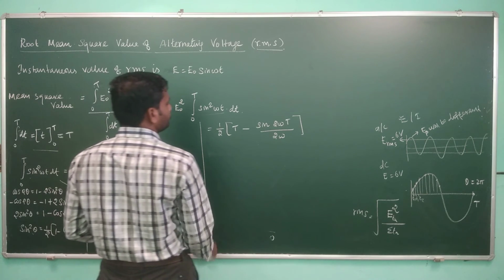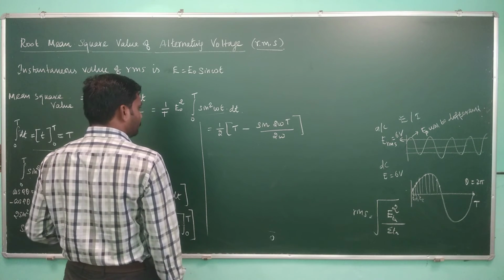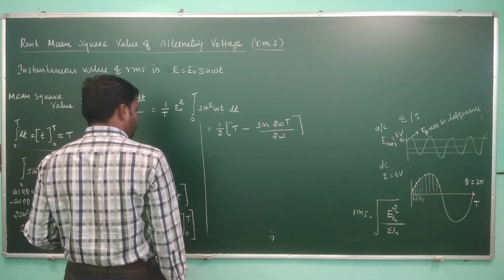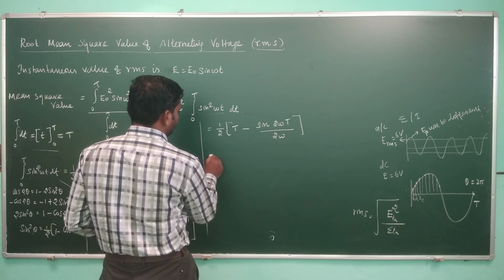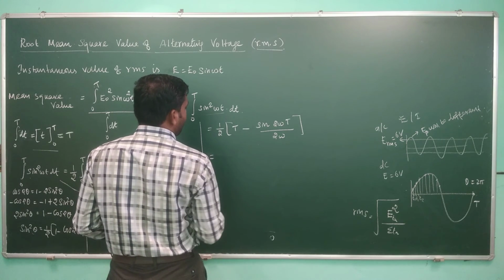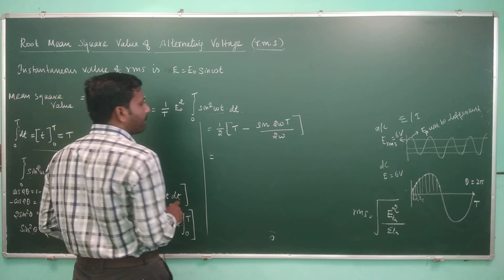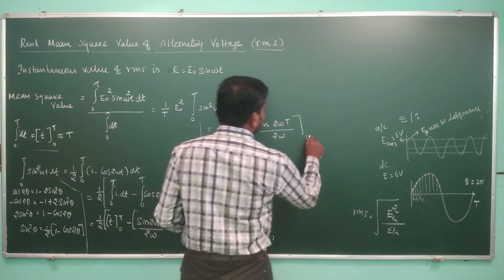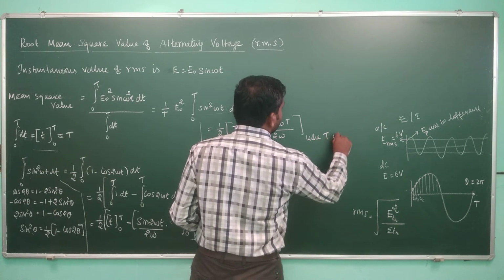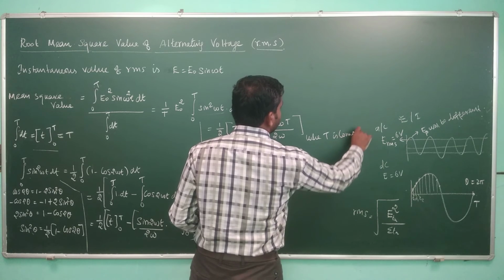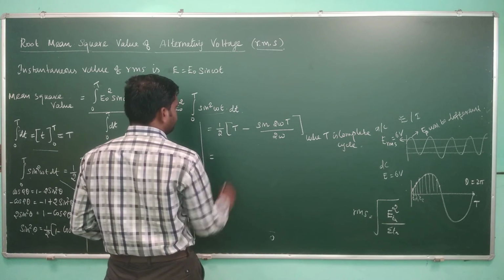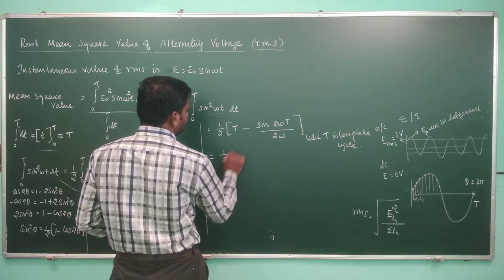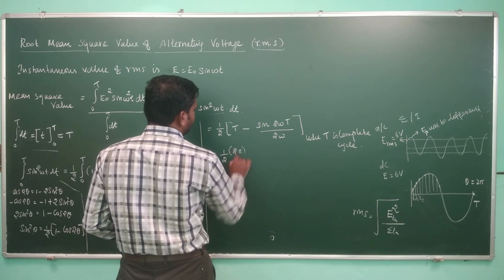When T is measured over a complete cycle, T becomes 2 pi.